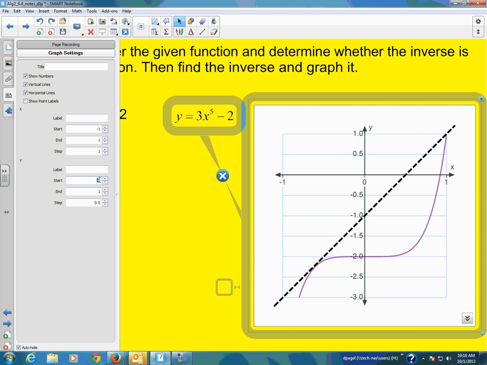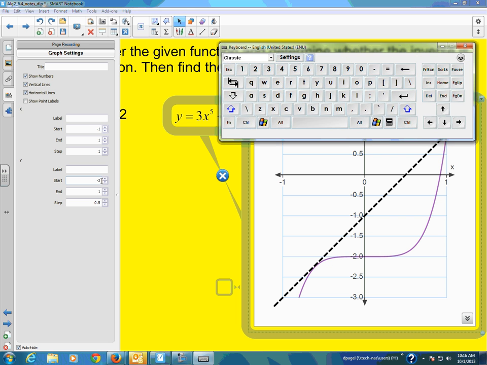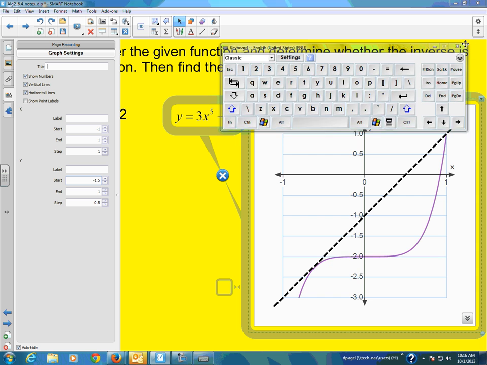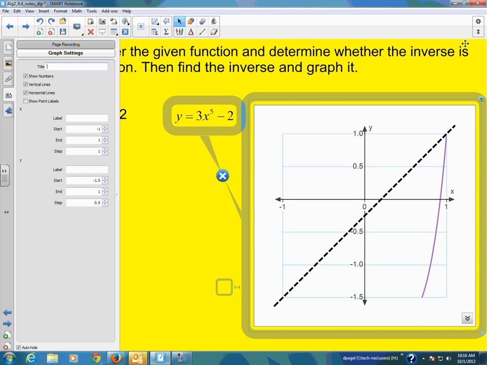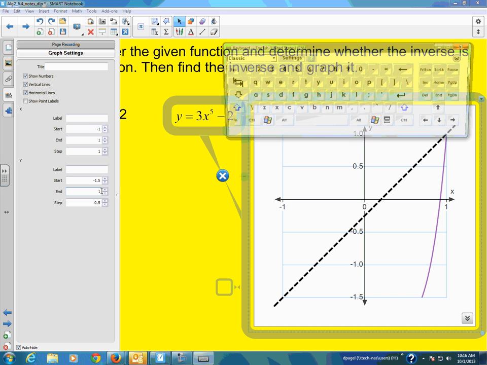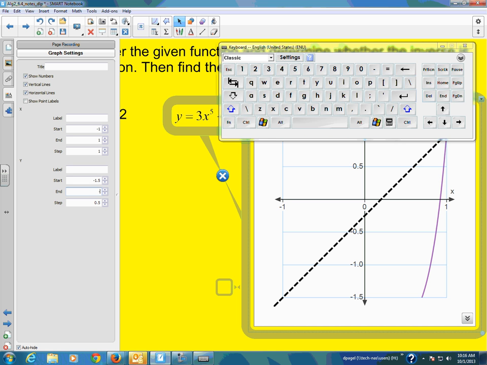And I'm going to go from negative 1.5 to negative 1.9, for example.